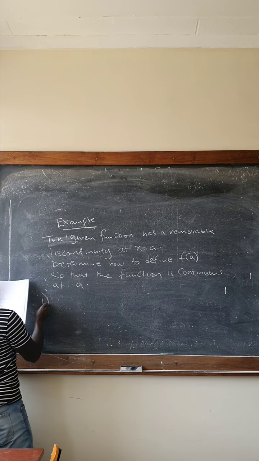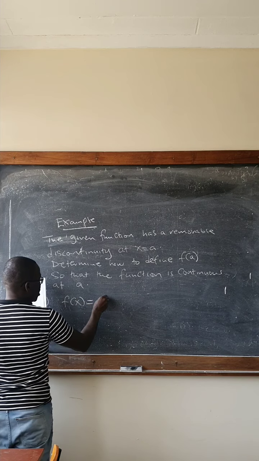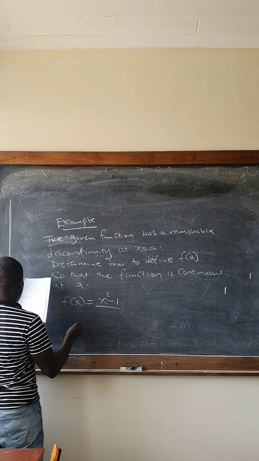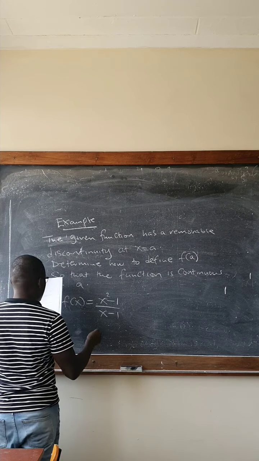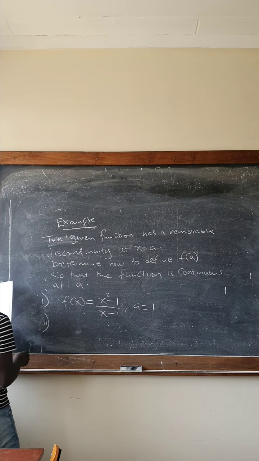And here, for example, you can consider the function f of x equal to x squared minus 1 divided by x minus 1 at a equal to 1. And let us see another example.